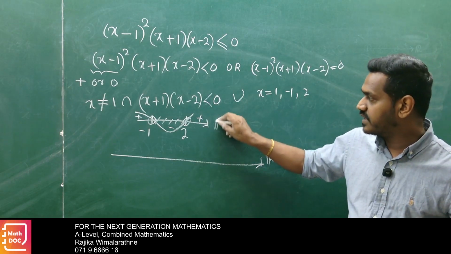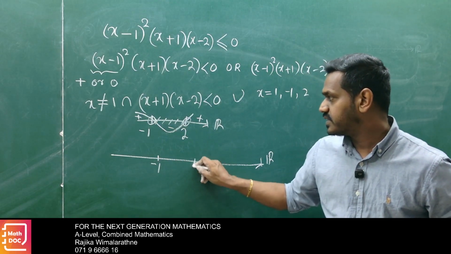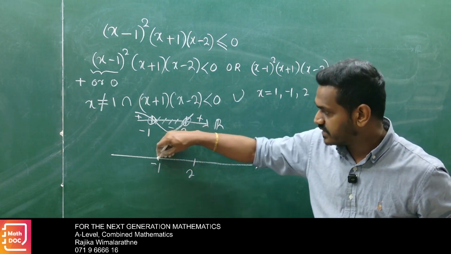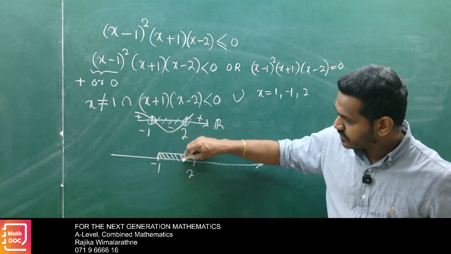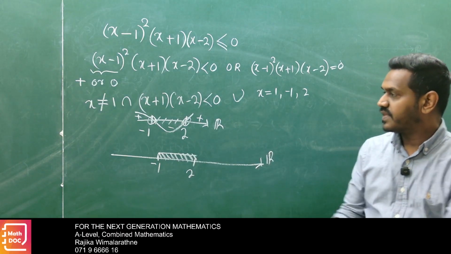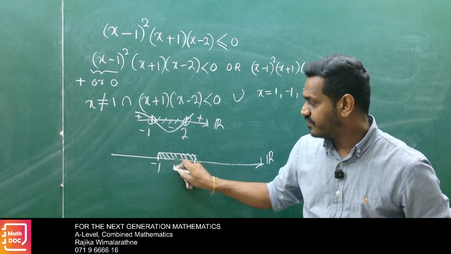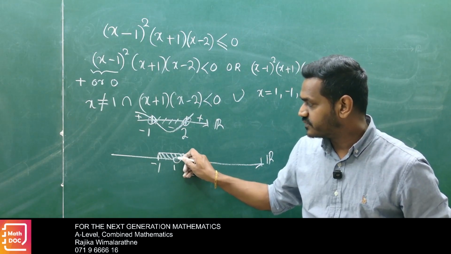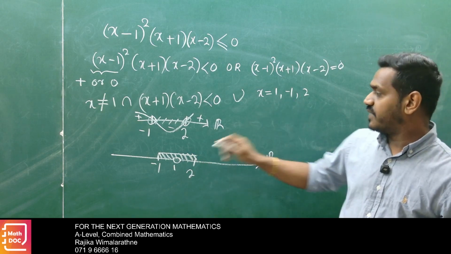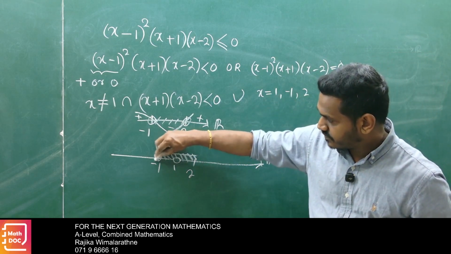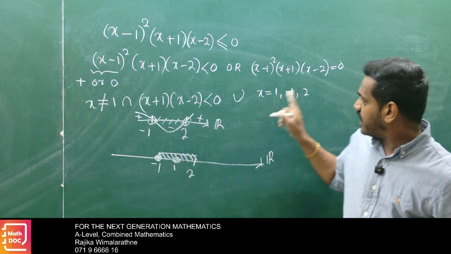Now sketch the real number line. It's also a real number line. First mark this region, minus 1 and 2, here the inner region. Here x equal 1 is not there. This is for the inequality. Now for equality, x equal minus 1 is there, x equal 1 is there, and x equal 2 is there.